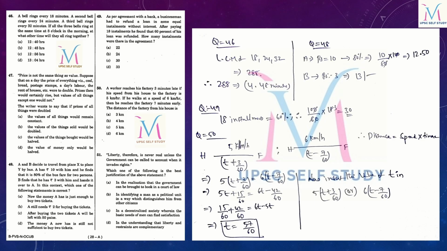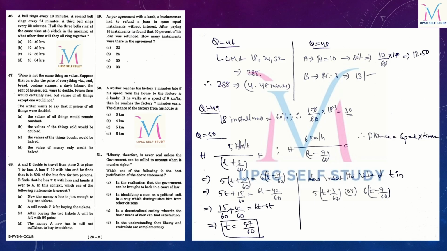So now we have to find out the bus fare. A has rupees 10 divided by 80 into 100, so the actual bus fare is 12.50 rupees.